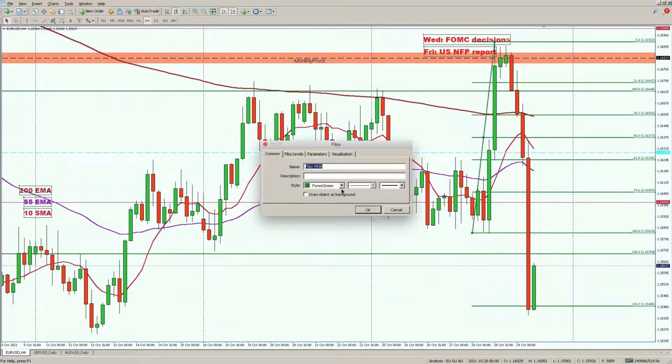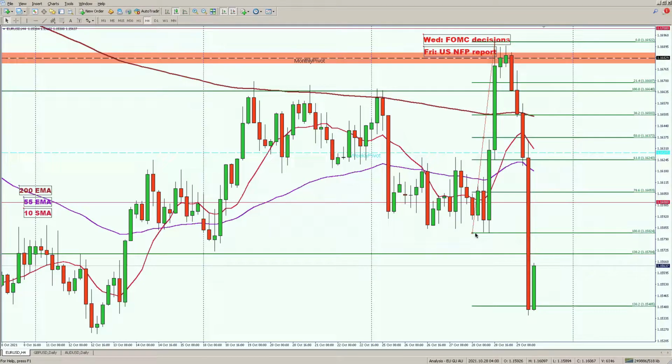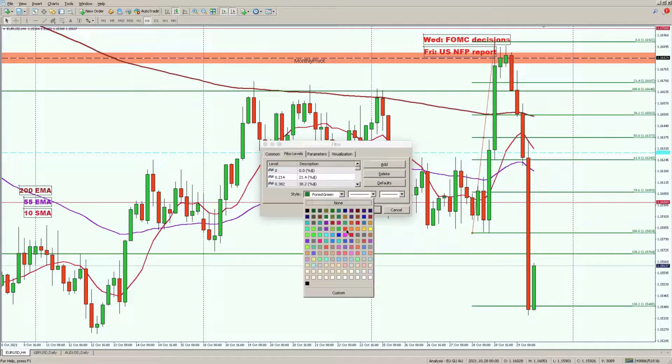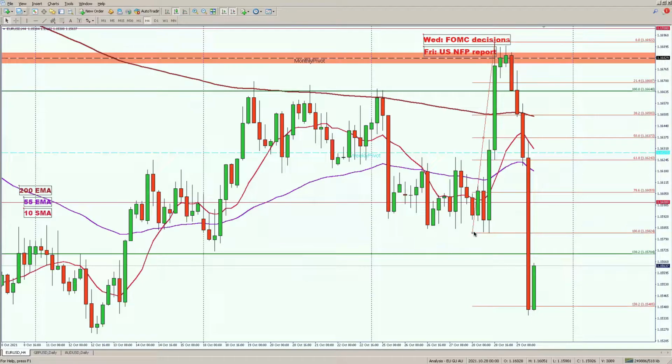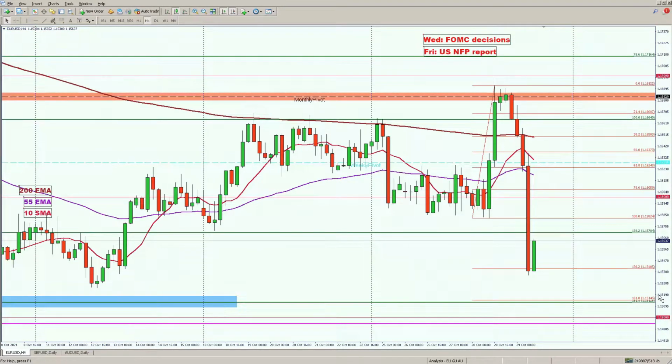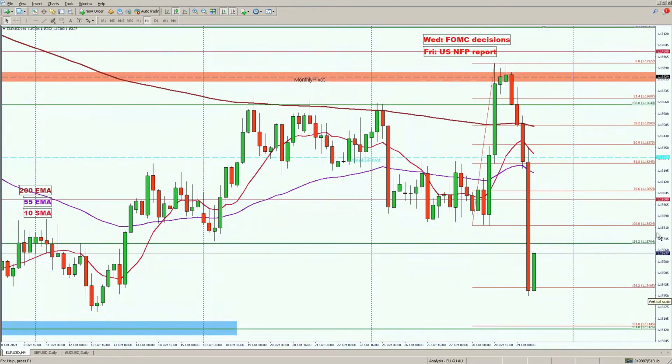Let me change this to light. Right here. Okay, so there's the confluence there.